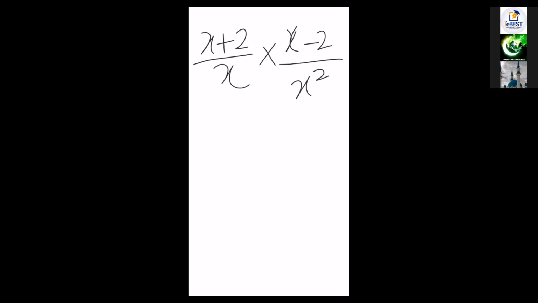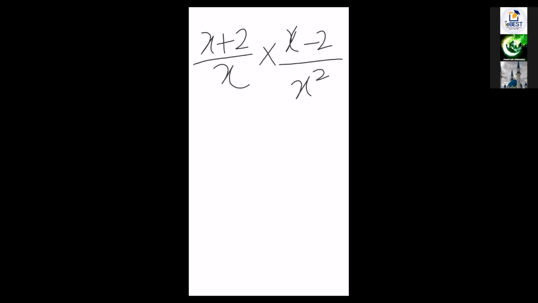For example, I'm writing x plus 2 divided by x multiplied with x minus 2 divided by x squared. Got it? Now we're going to multiply like this. Do you know the general way of solving common fractions when we have to multiply them? What is the actual step we're going to take?